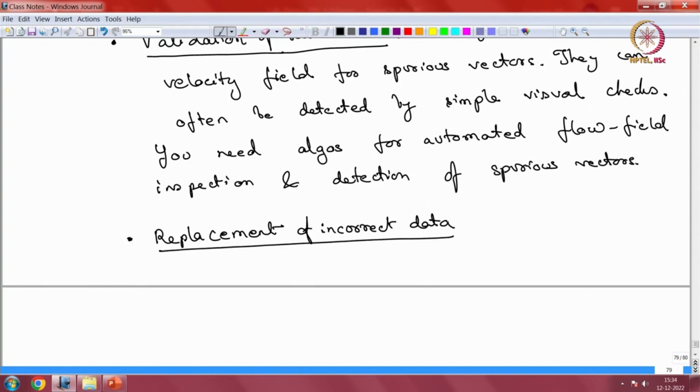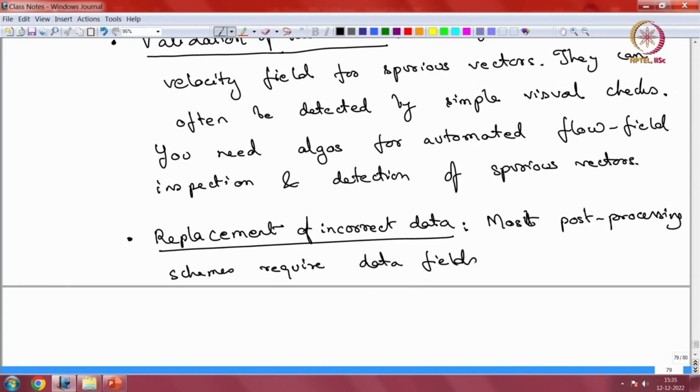And this is so because most post processing algorithms, most post processing schemes, require complete data fields. For example, if you are calculating whether continuity has been violated or not, you cannot work if certain data points are missing.